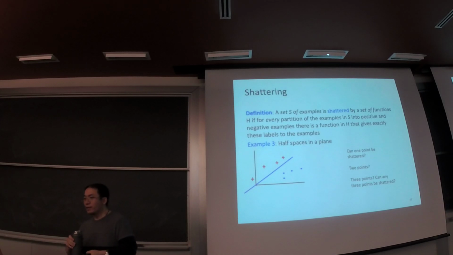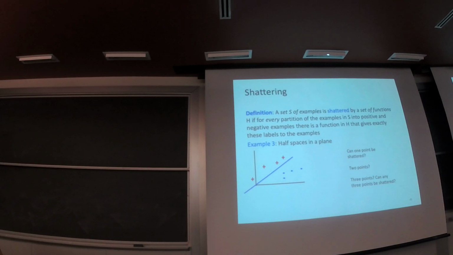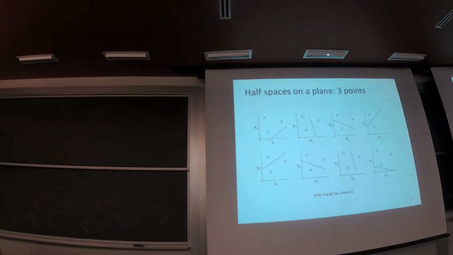Each point can have at most 2 labels, right? And then for 3 points, how many labelings in total? 2 to the 3, right? 8. So to verify this, you need to do a bit more tedious work. You need to enumerate all the 8 possible labelings and say whether for each labeling we can find a classifier correctly predicting every example. And fortunately, yes, we can do it.